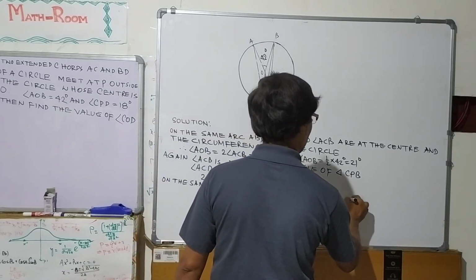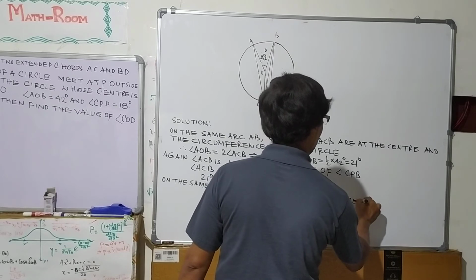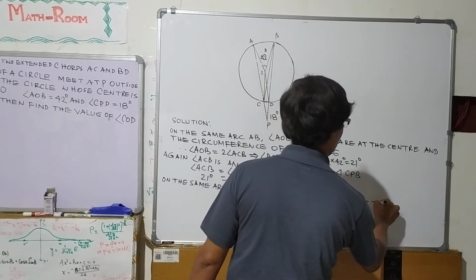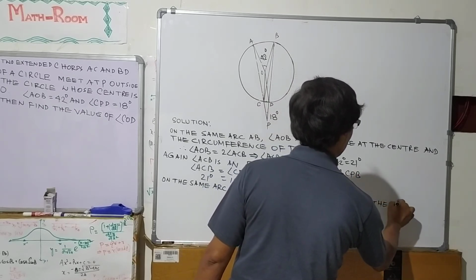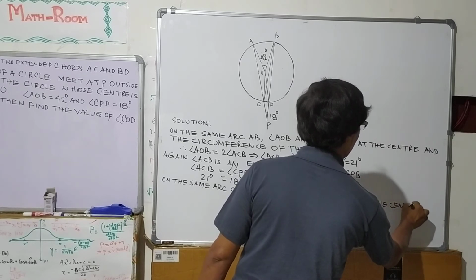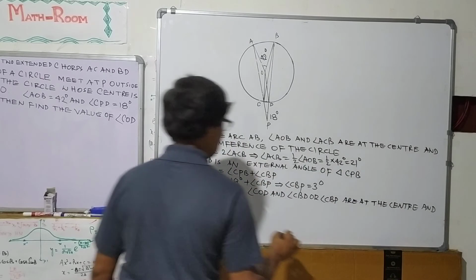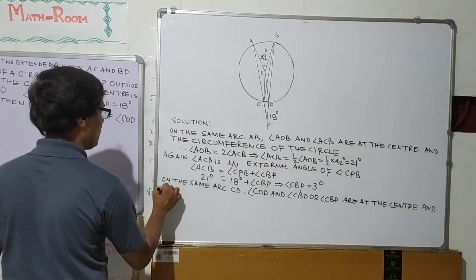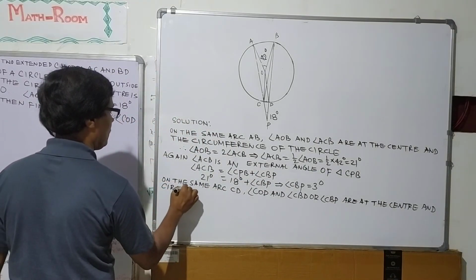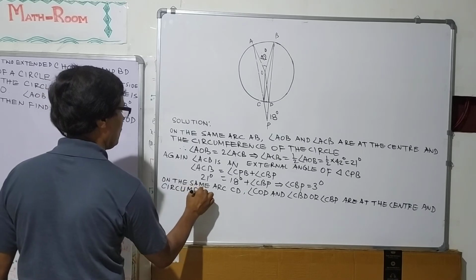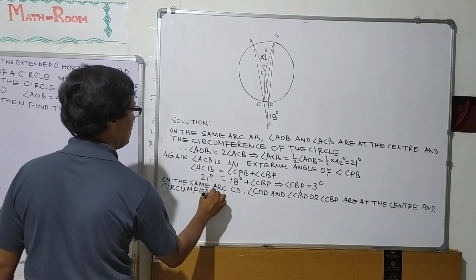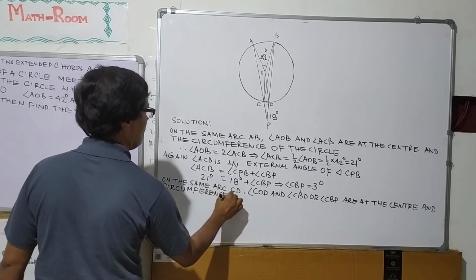That is, angle COD and CBD or CBP are at the center and circumference of the circle.